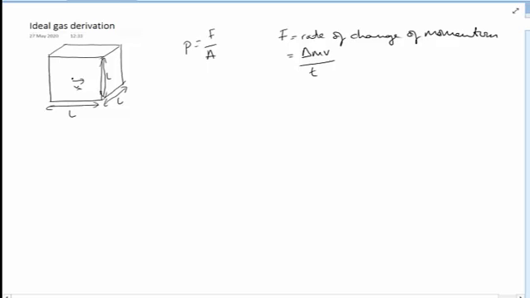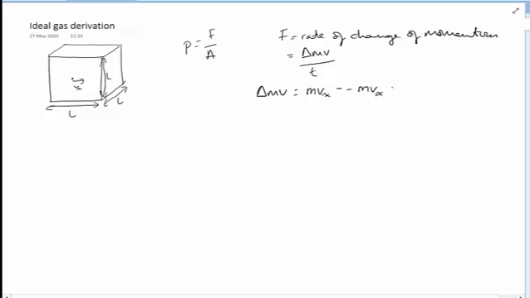Now in this case, working out delta mv, we want to find out the momentum before and the momentum afterwards. So delta mv is equal to mvx minus minus mvx. And the reason it's minus is because you're finding the change, but also in one direction it is opposite to the other direction.